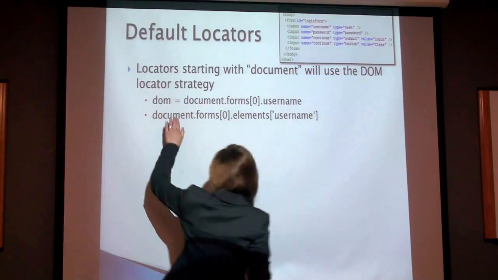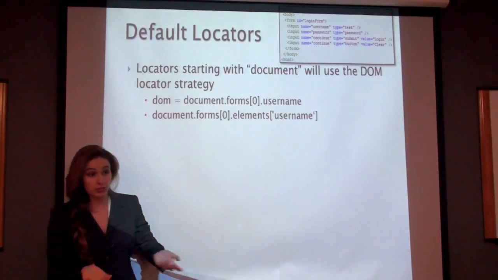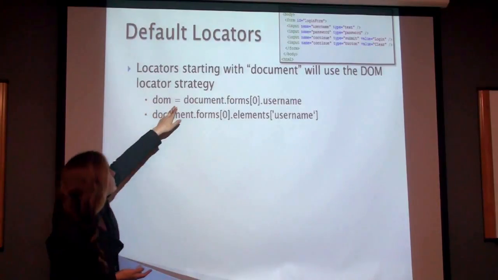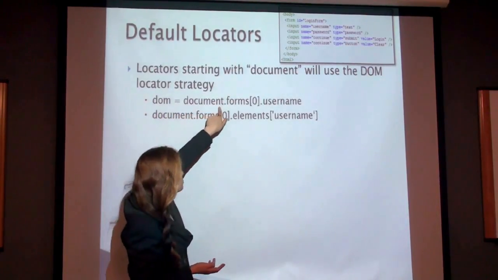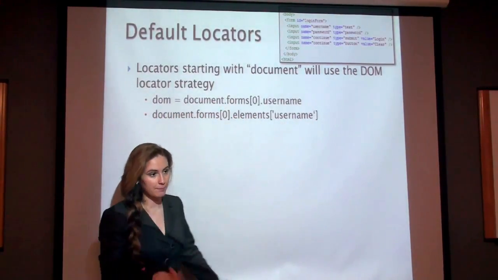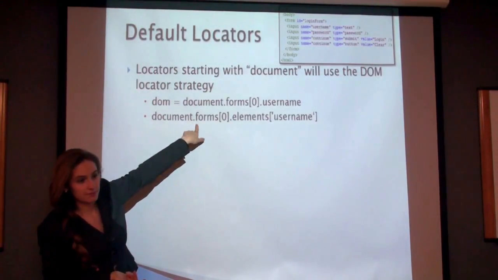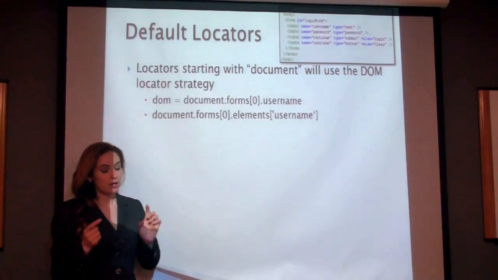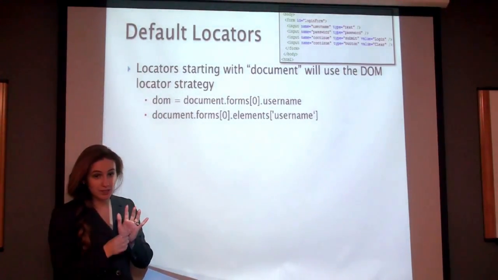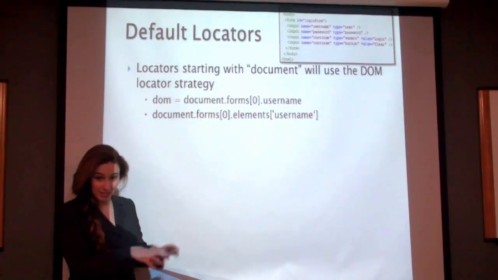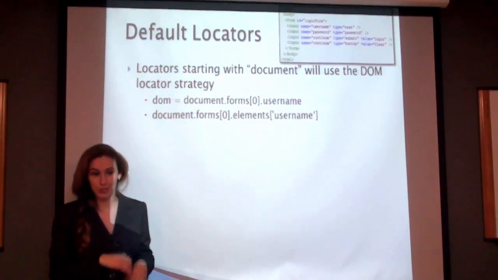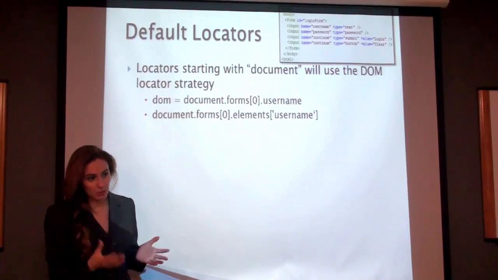You can either say DOM equals document and so on, using DOM, which is one of the locators, or you can just say document. Selenium IDE already knows that if anything you put into that box starts with document, it's DOM. That's just the way it is.